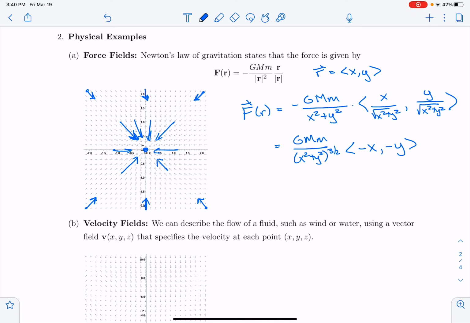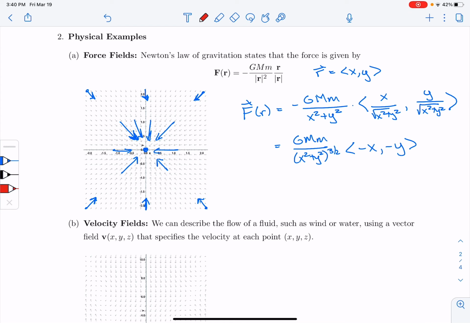And so this is the gravitational field that you encounter in physics. And then what you think of is that one of the objects is maybe located at the center. And then you're asking the question, okay, what happens to an object that's under the force of this gravitational field?